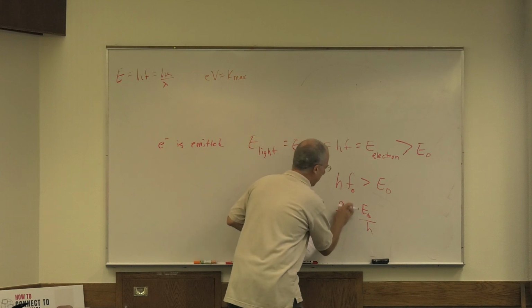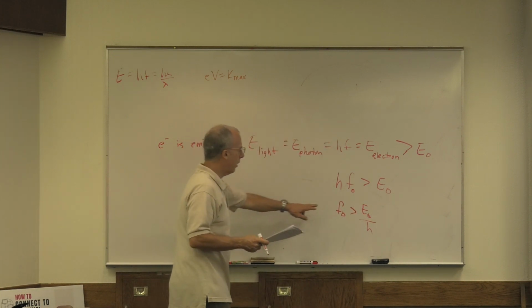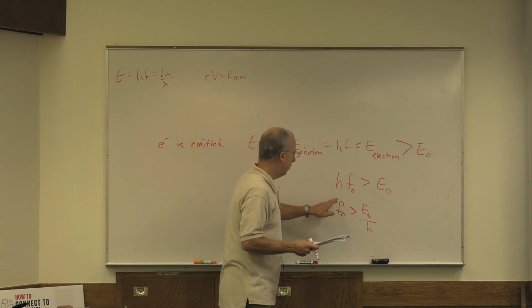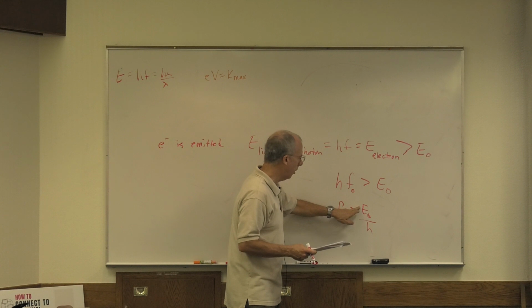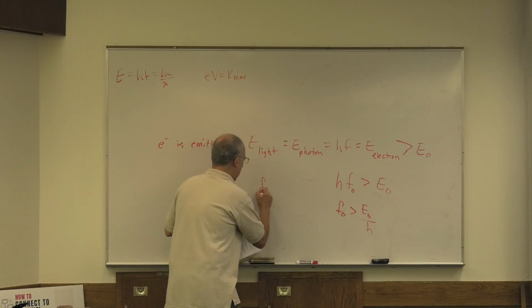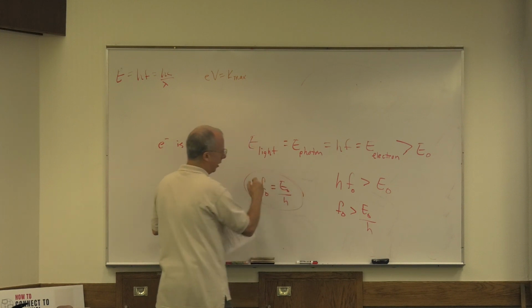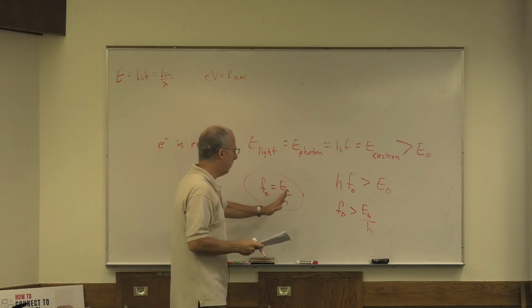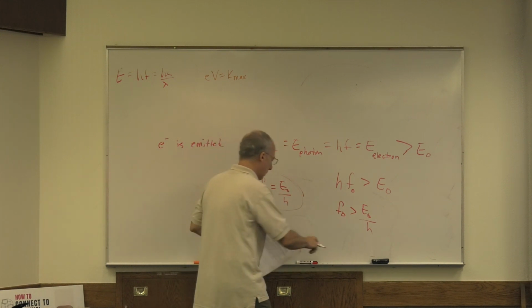So this should really be a greater than. The frequency of the photon has to be greater than the work function divided by h. They usually just say that the threshold frequency equals E0 over h, but remember, the frequency has to be greater than that for the electron to be emitted.